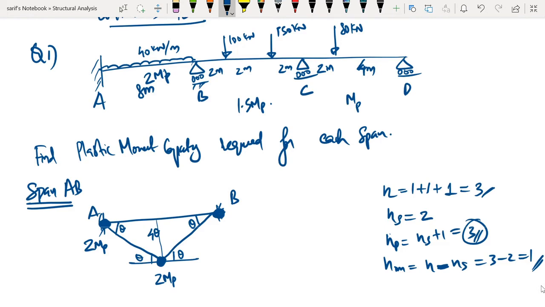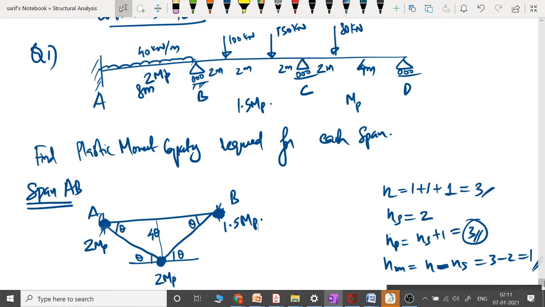Therefore, the hinge at B will only have the capacity 1.5 MP because it is the intersection point. At the intersection point, the lower capacity will be critical, or will limit the capacity of the plastic hinge. So we will choose the lower value 1.5 MP. So now this is the geometry of the mechanism for the span AB.